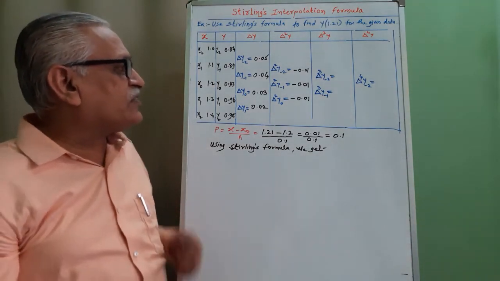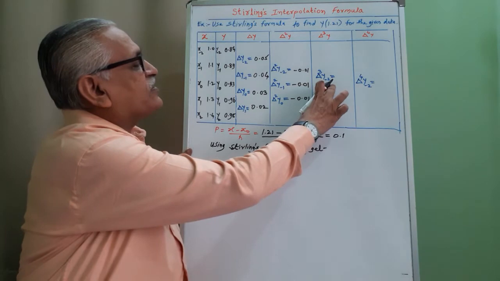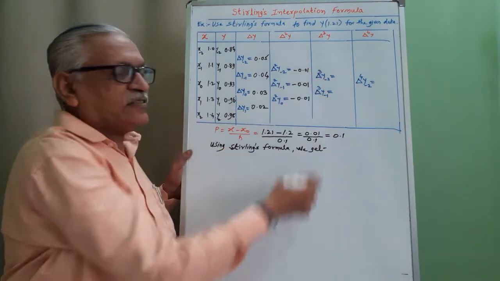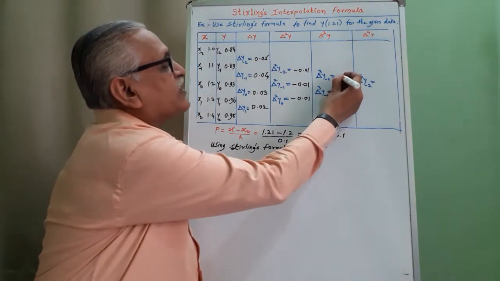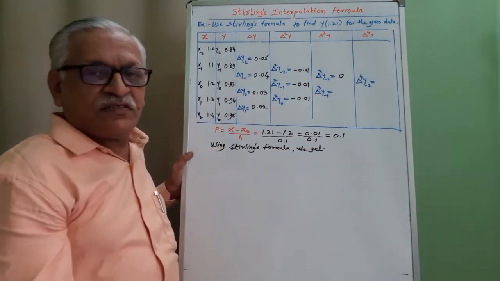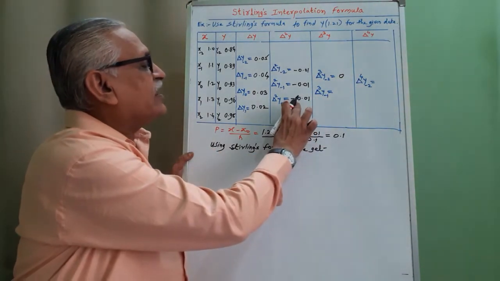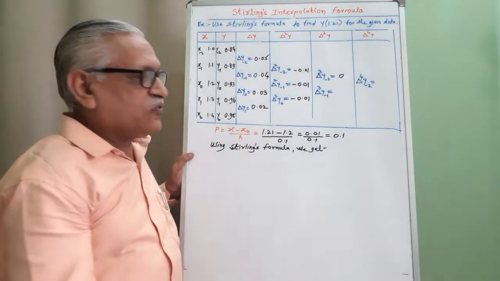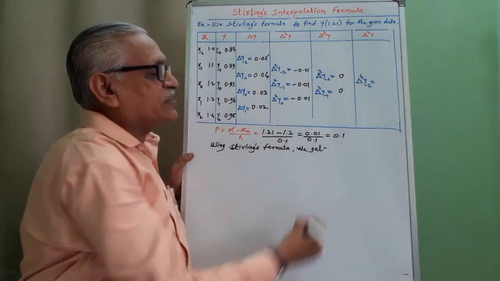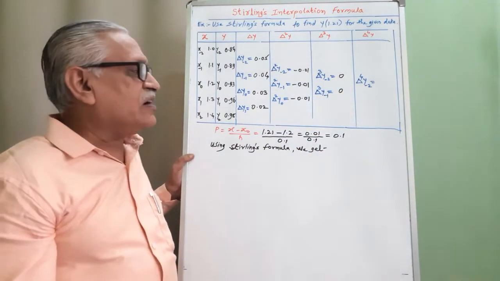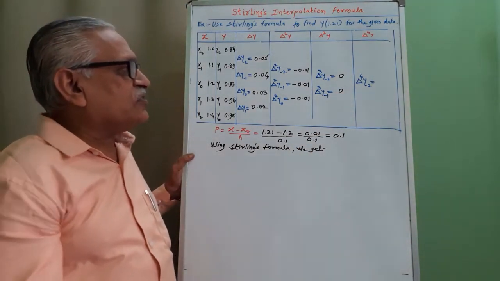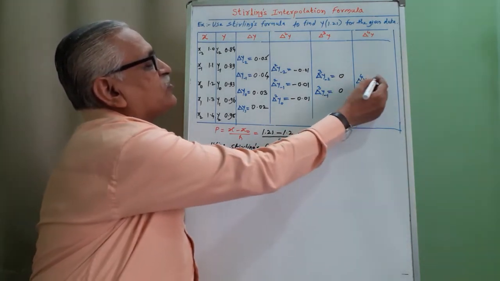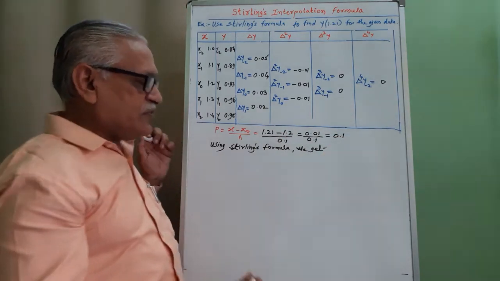Differences of these differences, we get third order differences as minus 0.01 minus minus 0.01, that value becomes 0, as same values we have, and again 0. Third order differences are 0. Fourth order difference is 0 minus 0, we get that value as 0.